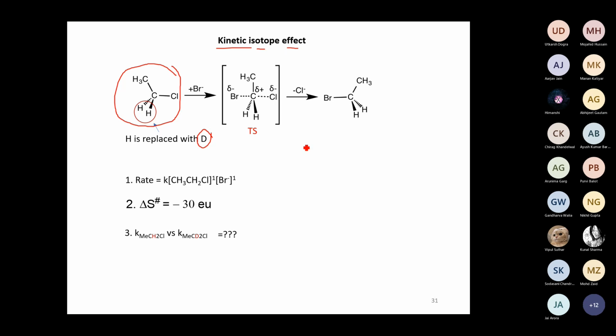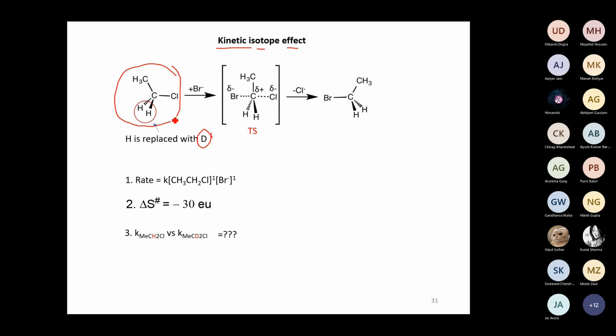It is quite cheap also. D is the heavier isotope than hydrogen. We have water in the tap, and in the refrigerator or in our lab we have D2O. So you can easily get the isotopes of hydrogen. This is the easiest way to get an isotope of an element.